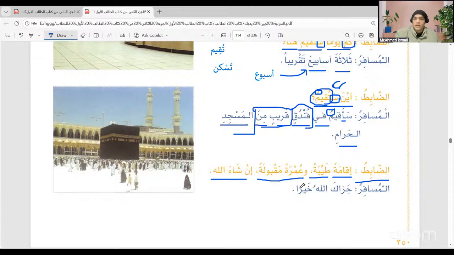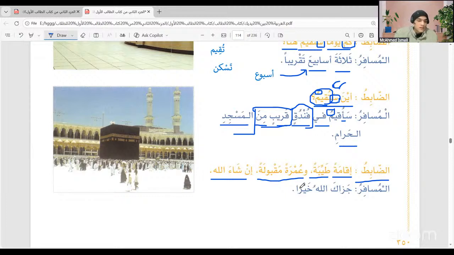Of course we know إن شاء الله, and the word عمرة, which means to do umrah. And when I say مقبولة, which means Allah accepts it, so it is his wish for him that Allah accepts his umrah. And إقامة طيبة, the word طيبة means something that's good and pure. So إقامة طيبة, he wishes for him to have a good stay, to enjoy your stay generally.